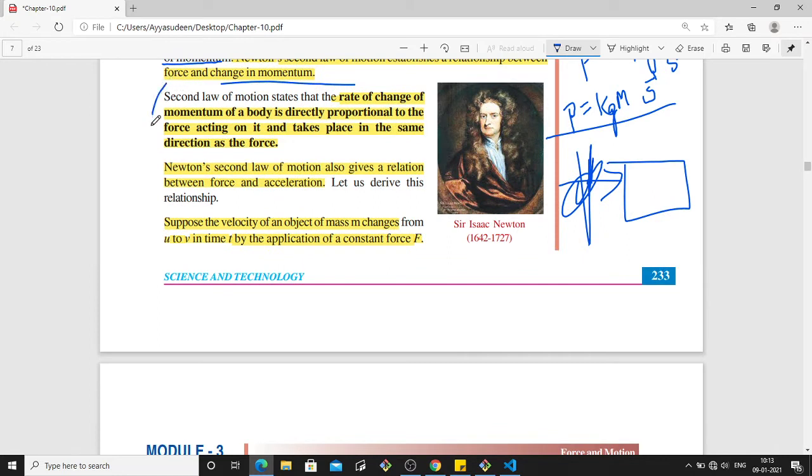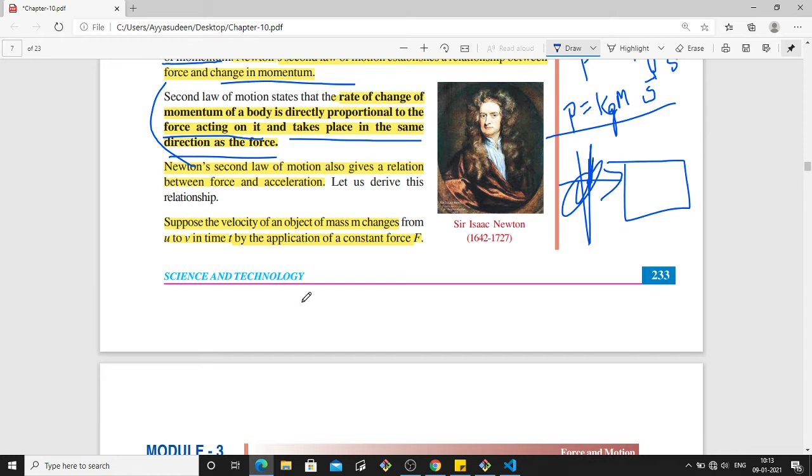So, what does the second law state? The second law of motion states that the rate of change of momentum of a body is directly proportional to the force acting on it and takes place in the same direction as the force.